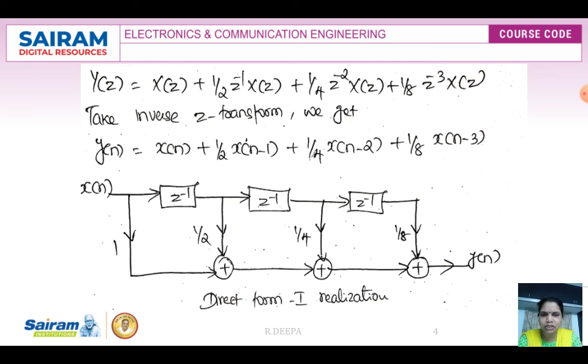Then it is given to another summation block so that we add 1 by 4 x of n minus 2. Again another summation block to add 1 by 8 x of n minus 3. So the final output, if you observe, is the sum of x of n plus 1 by 2 x of n minus 1 plus 1 by 4 x of n minus 2 plus 1 by 8 x of n minus 3, which is nothing but the output y of n.